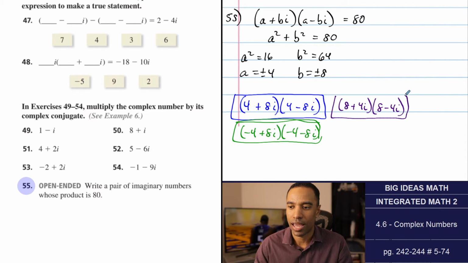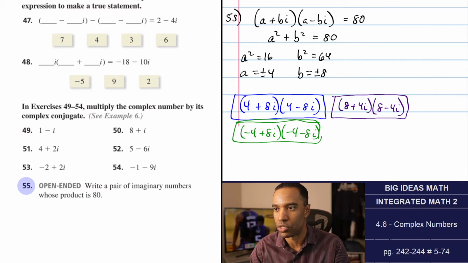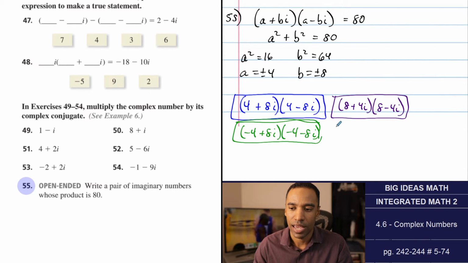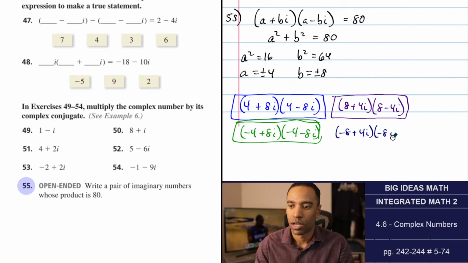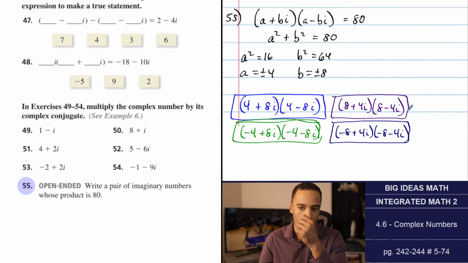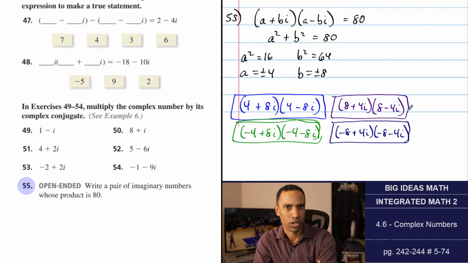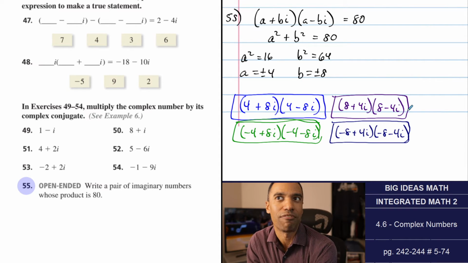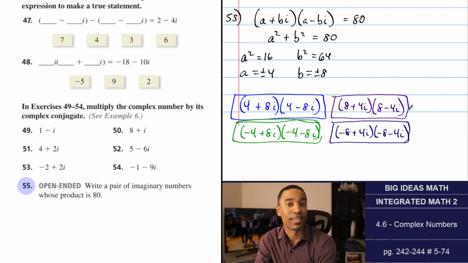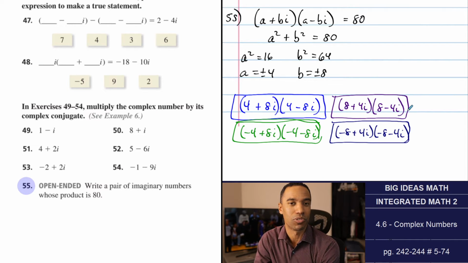So these are different versions of these answers we can do with real numbers, and then negative 8 plus 4i, negative 8 minus 4i. These are good ones with rational numbers that do work. Is there another set? I'm not going to write more of these outside of ones that could be irrational, like 1 plus i root 79 and 1 minus i root 79.